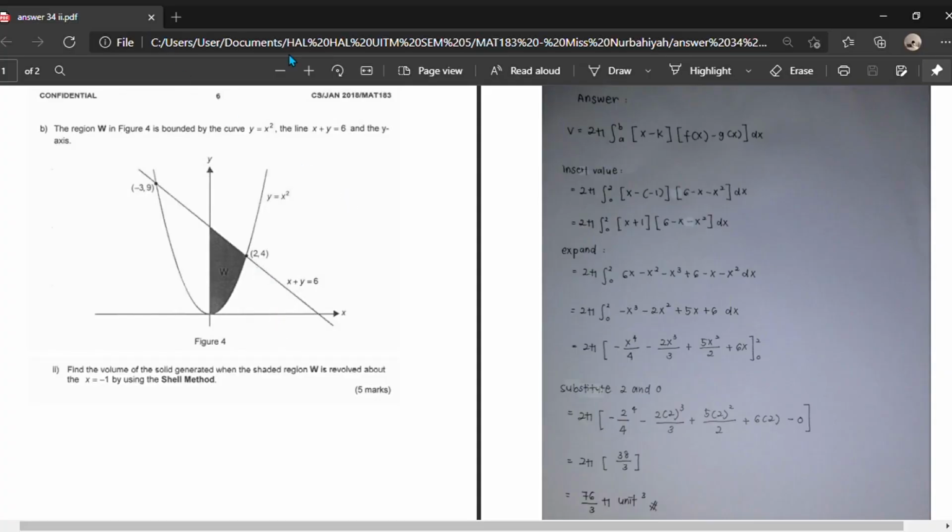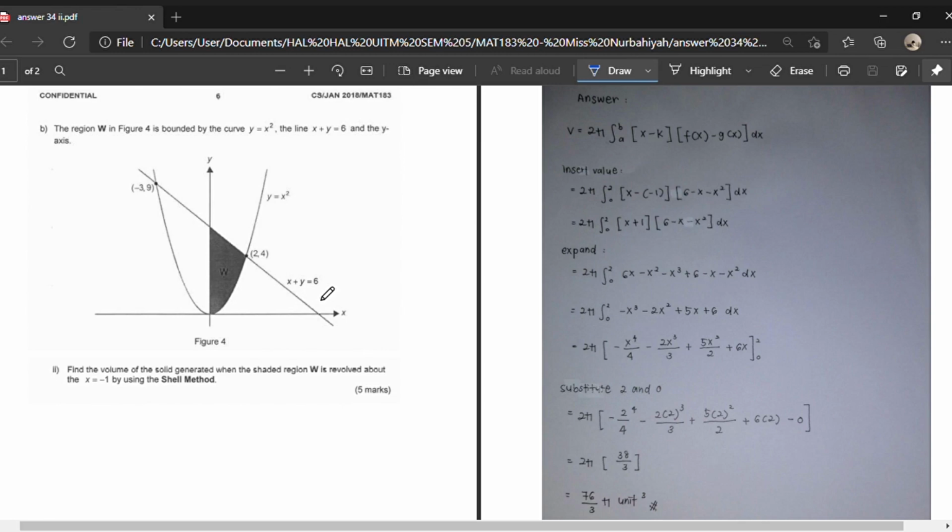Okay, for the next question, the region W in figure 4 is bounded by the curve y equal to x squared, the line x plus y equal to 6 and the y-axis. As we can look here, the given graph of figure 4, we can look for the straight line.